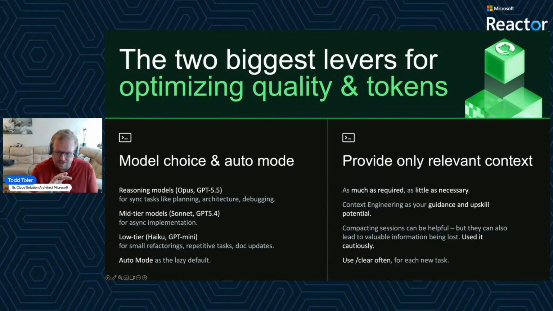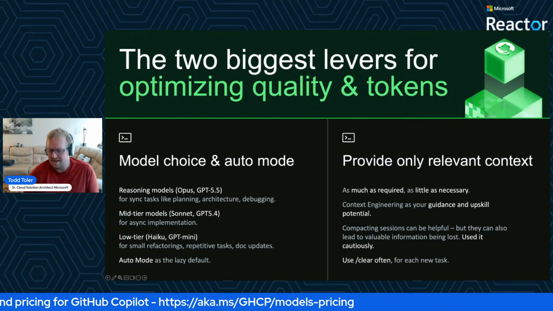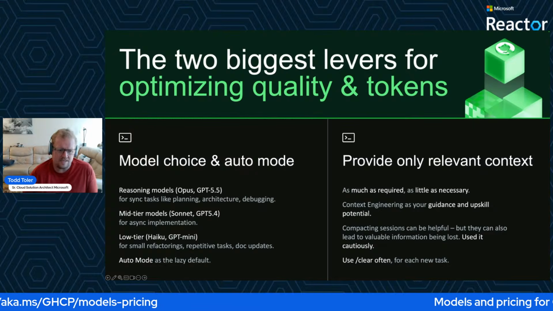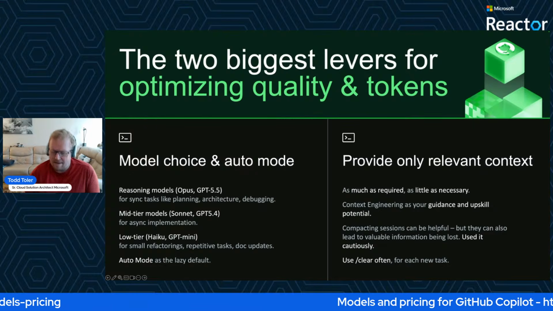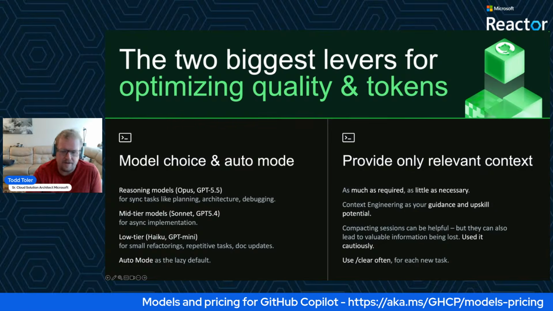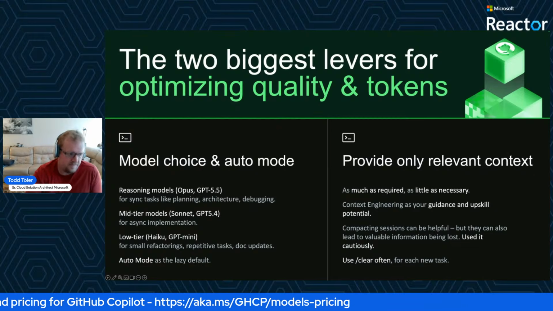It looks at your context and makes a choice as to where to send it. And you get a 10% token cost discount, which can end up being really significant. We've seen data showing that people are happy with the results they're getting from auto model switching mode. It has been very well received.